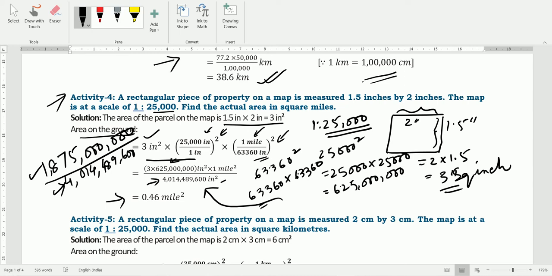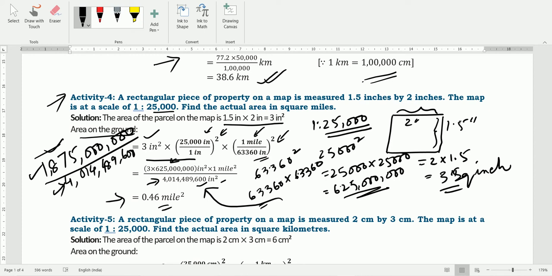After multiplying 25,000 squared by 3, we have got this value, and it is to be divided by this value, and after that we have got the area in square miles, that is 0.46 square mile. So this is the actual area on the ground.